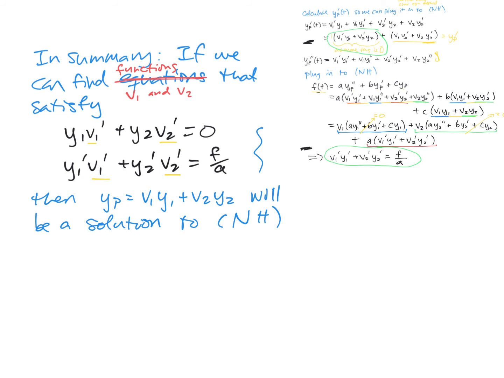We just have to find the v1 prime and v2 prime, and then we can antiderivative it and find our v1, v2. So that's kind of what makes this work here. So these are two equations with two unknowns, and you can do some algebra and or Cramer's rule, which I am going to skip because it's not a thing that you're ever going to need.